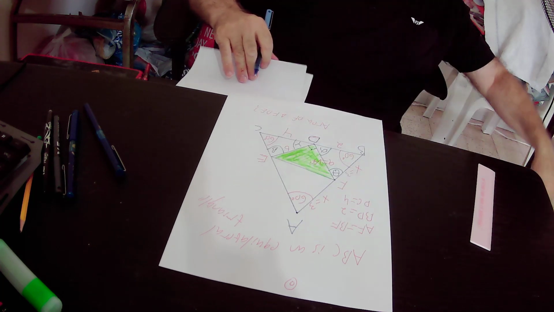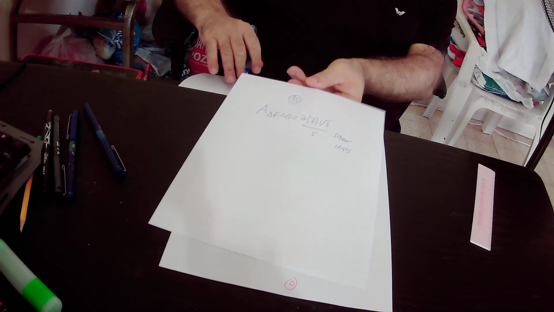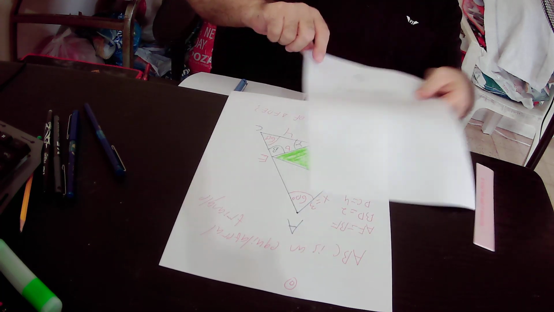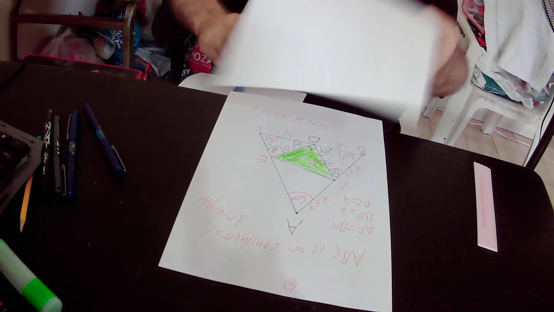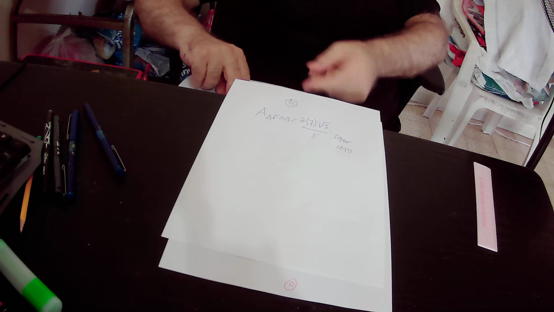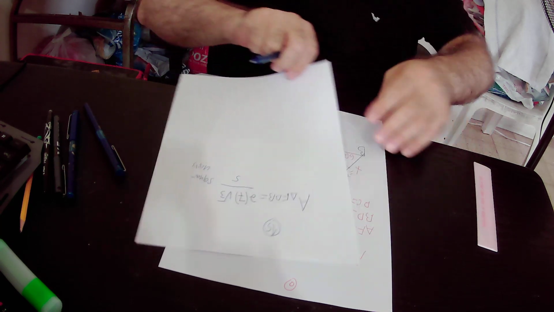Okay, so we got that the area of the green triangle FDB equals 2 times 7 times root 3 over 5 square units. 2 times 7 is 14, so I will write it down.